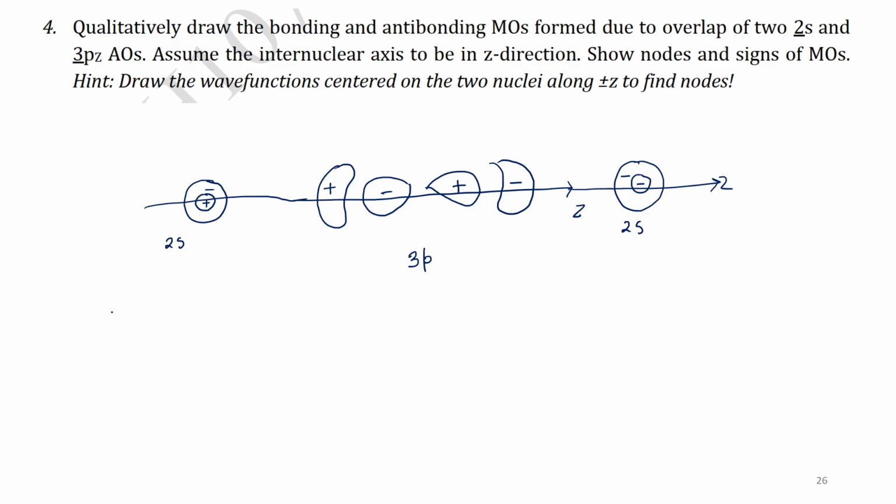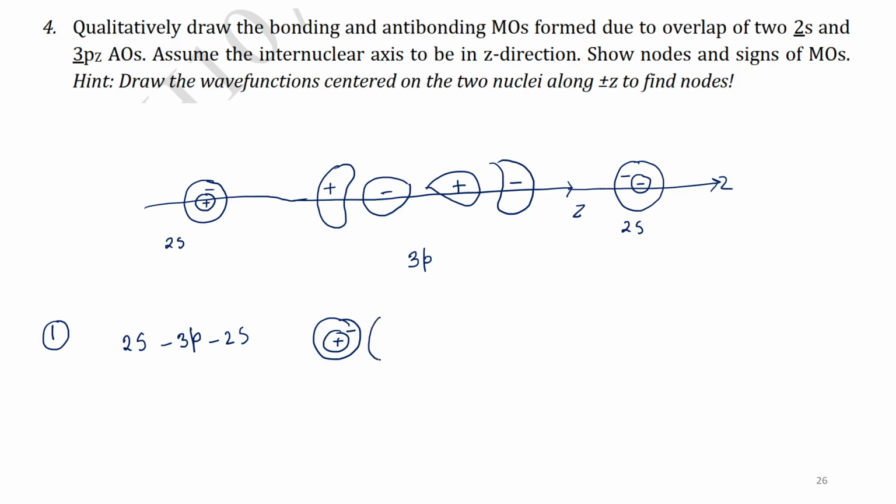So we are actually thinking about the sigma MOs, which are head-on, not side-on. So one could be 2s minus 3p minus 2s. How would it look? Plus, minus.